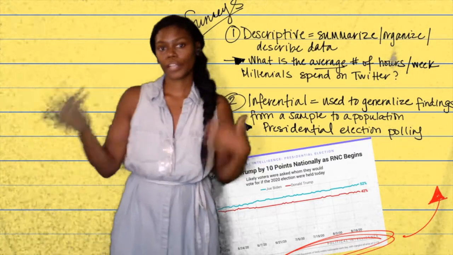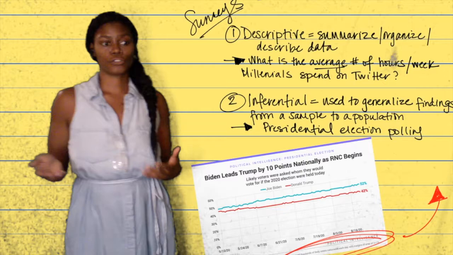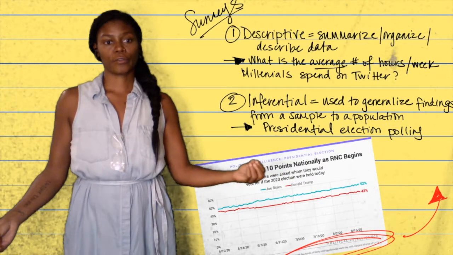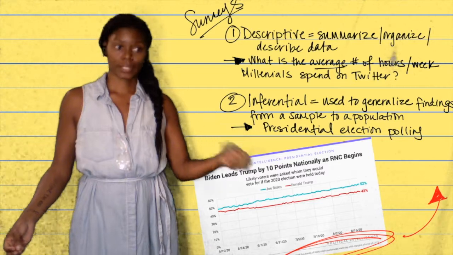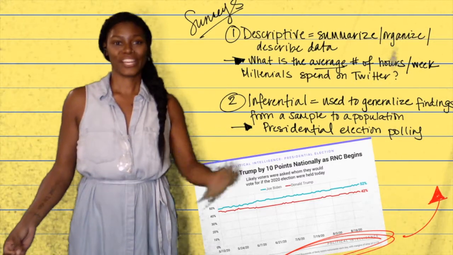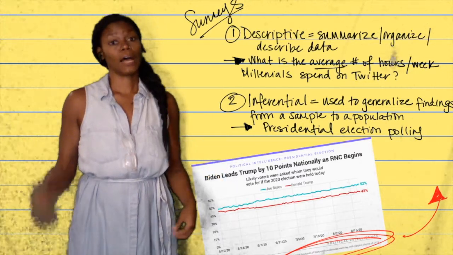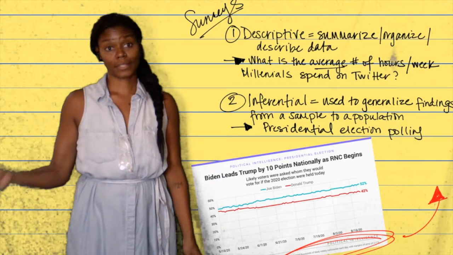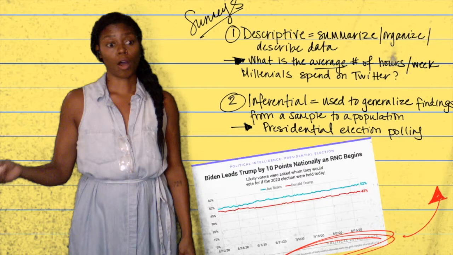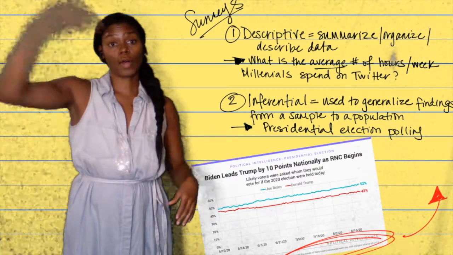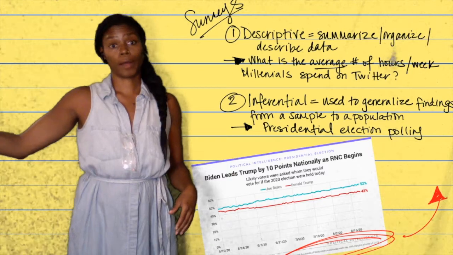There are two different types of survey research design, descriptive and inferential. Descriptive surveys are just like descriptive research questions, interested in just describing what's happening. Inferential surveys and statistics are looking to generalize from a small sample out to a broader population.